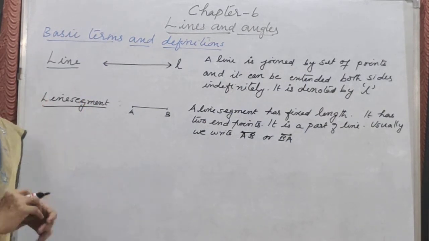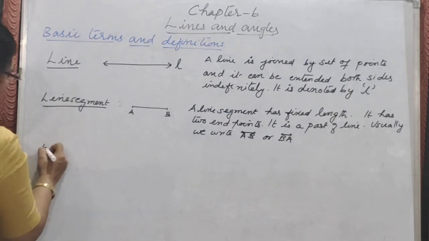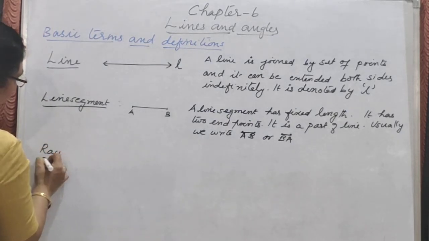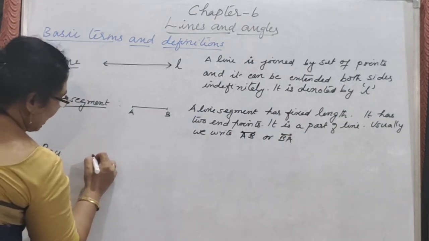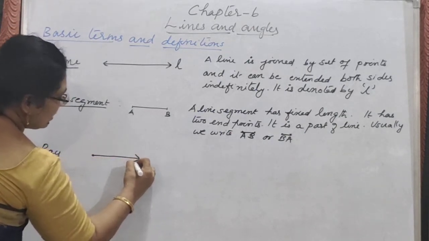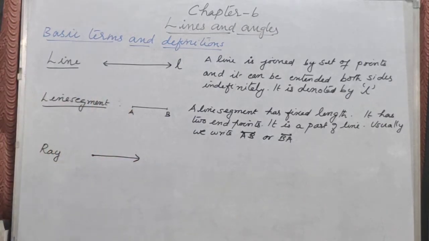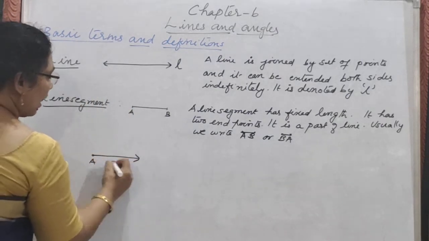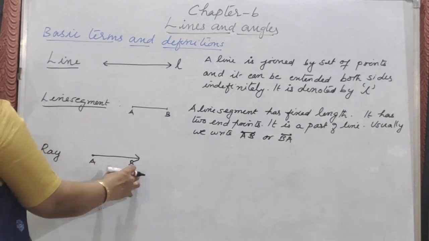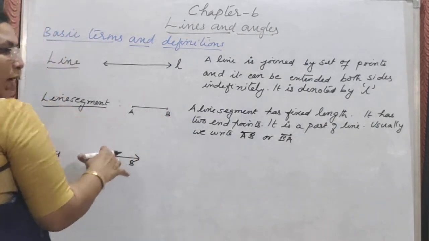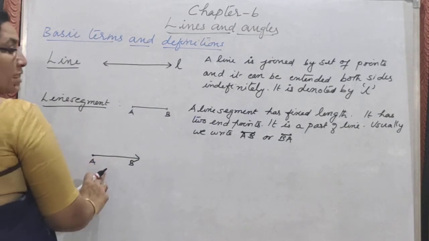One more thing is there. What is that? Ray. That is also a part of a line, and a ray has a starting point and we can extend it indefinitely on one side. So with A and B, we should say ray AB. It is also a part of a line and it has a starting point.